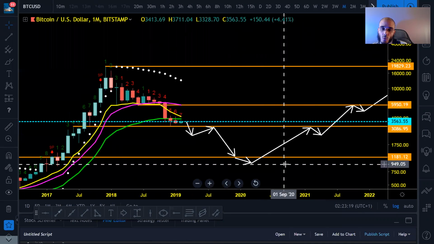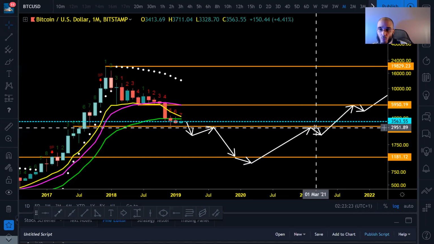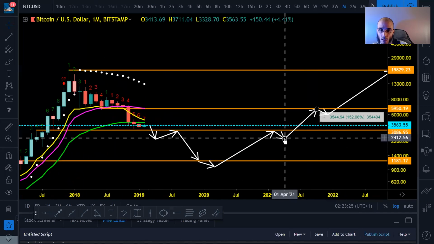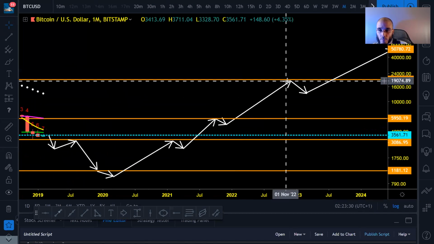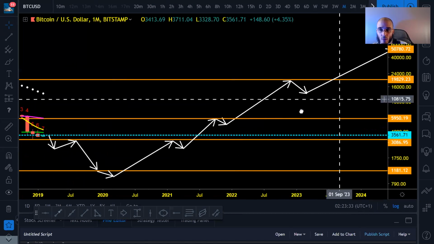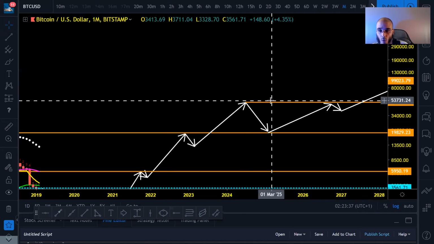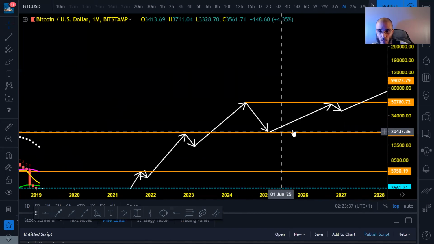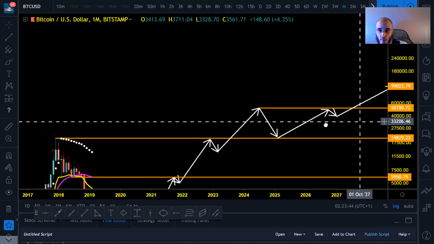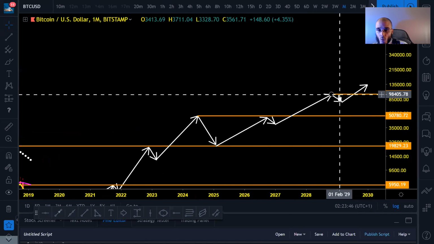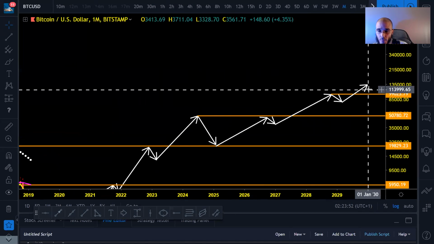I expect us to drop a little below 1K, then go up to 3K again, hit resistance, go up to 6K, hit resistance, go up to 20K, hit resistance, and then go up to 50K, test 20K again, 50K will be then resistance, and then to 100K. And I hope that we will break 100K in the end.